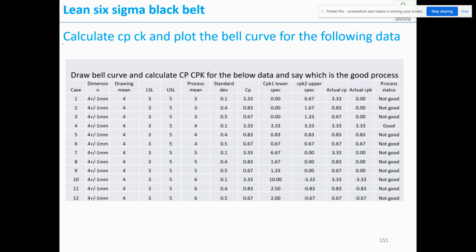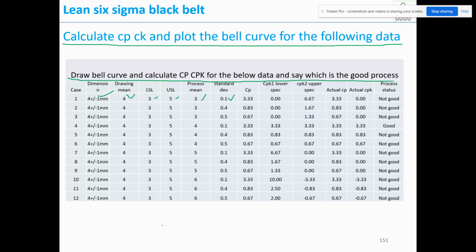Now, calculate CP-CPK and plot the bell curve for the following data. So there are 12 examples. What they're telling is to draw the bell curve and calculate CP-CPK for the below data and say which is a good process. Now dimension is given, drawing mean is given, lower and upper specification, process mean and standard deviation are given. Now this we have plotted here for CP-CPK. You can calculate these 12 examples of CP-CPK on a white sheet and plot the bell curve.